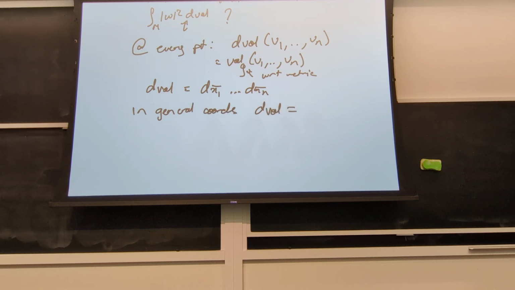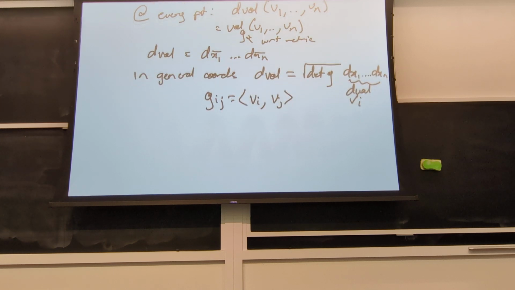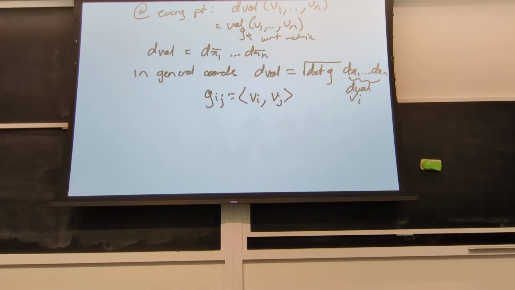Or in general coordinates, d volume is equal to the square root of the determinant of g times dx_1 to dx_n. What does this mean? Let's say that this is dual to the vectors v_i. So g as a matrix is then going to be the inner products v_i, v_j.